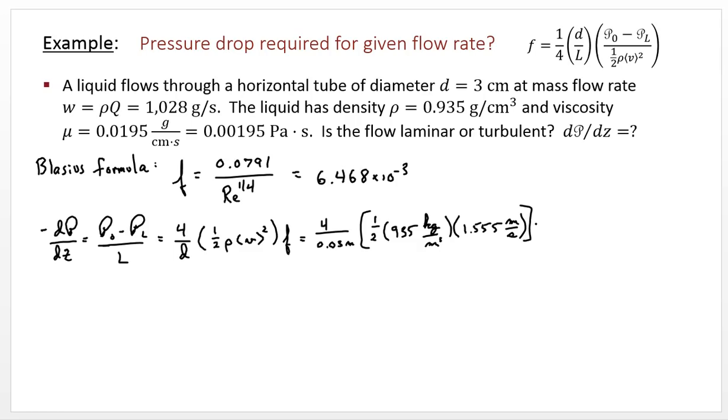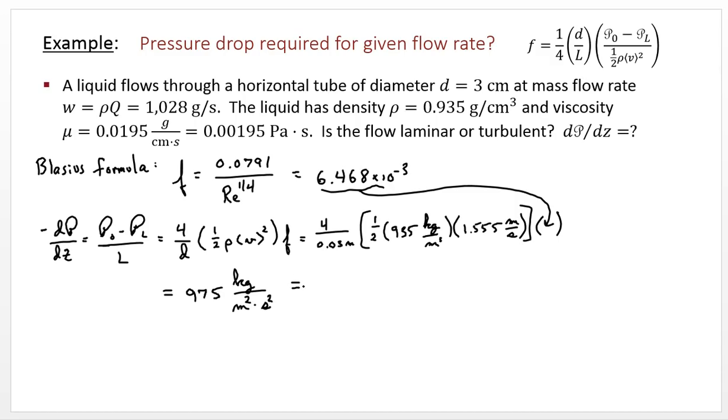And we multiply by the friction factor, which is this value here. And if we evaluate this, we find that the pressure gradient is 975 kilograms per meter squared second squared.